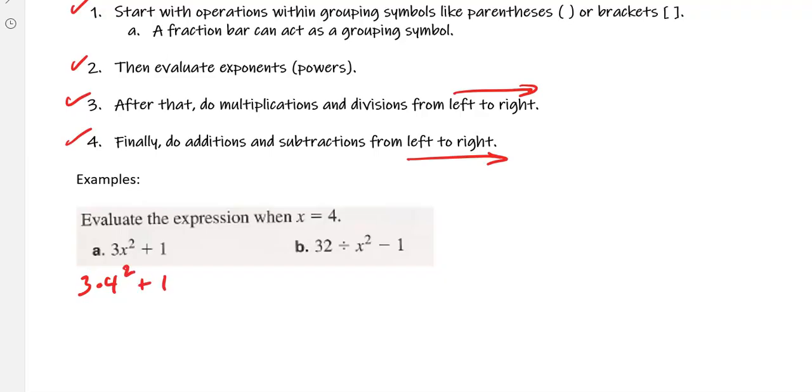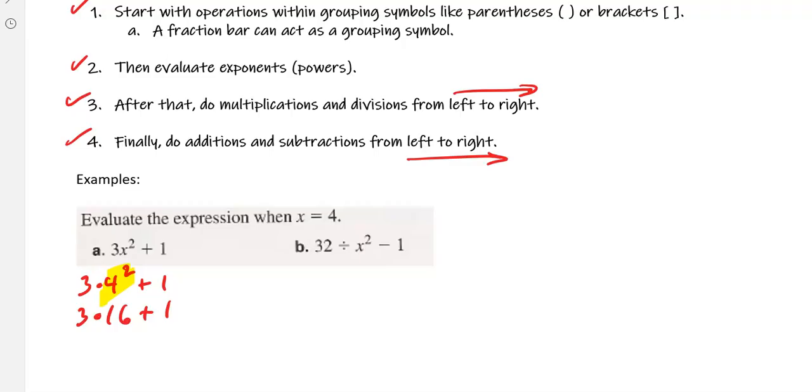As you can see, there aren't any grouping symbols, so we don't have to do parentheses. We go on to the exponents, and we see the exponent right here. It's 4 to the second power, so we're going to rewrite that as 4 times 4, which is 16. So this would be 3 times 16 plus 1.